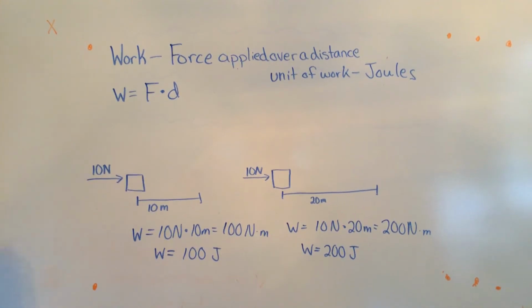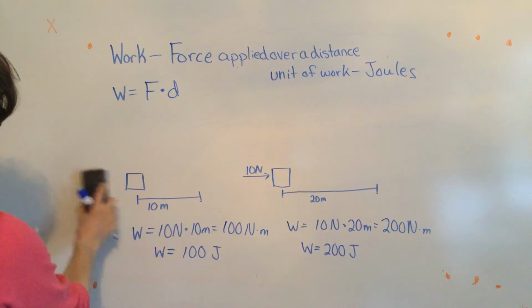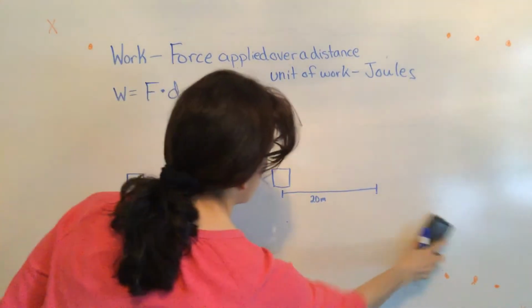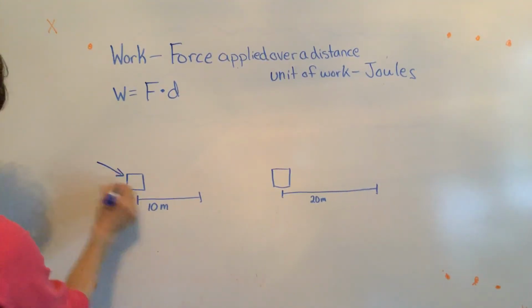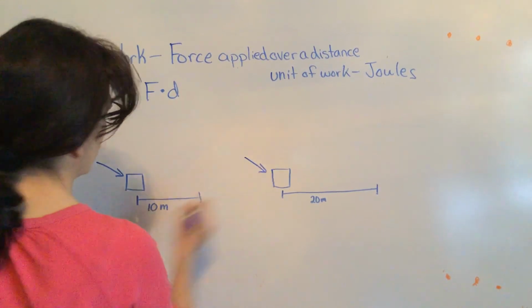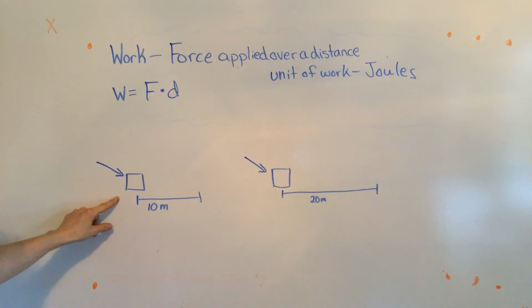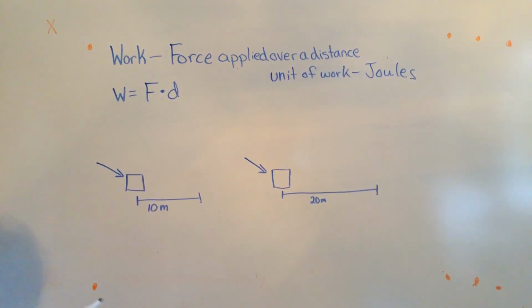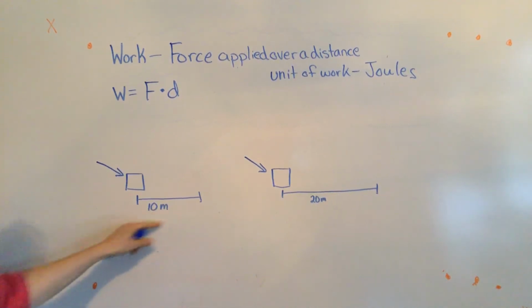Let's change my diagram a little bit here. Let's change this arrow. Let me erase all this. Let's apply our force at an angle. If we're applying our force at an angle, the actual component of force that's going to matter is our horizontal component, because we're trying to move the object horizontally.